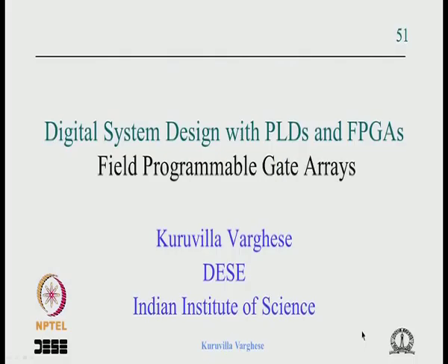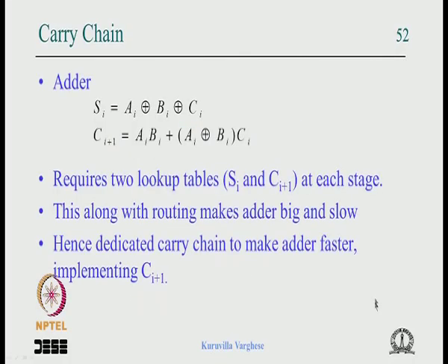So let us move on to those slides. What we said about the carry logic is that the basic operation in arithmetic is addition, which is used for subtraction, multiplication, division, everything. To make the arithmetic faster, the addition has to be faster.